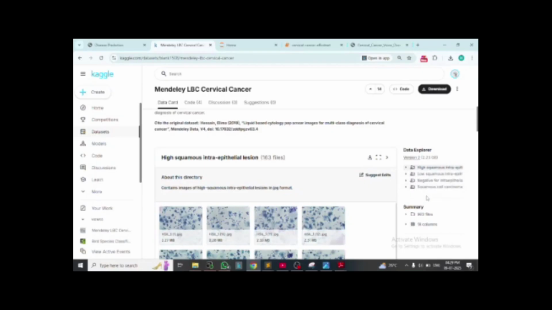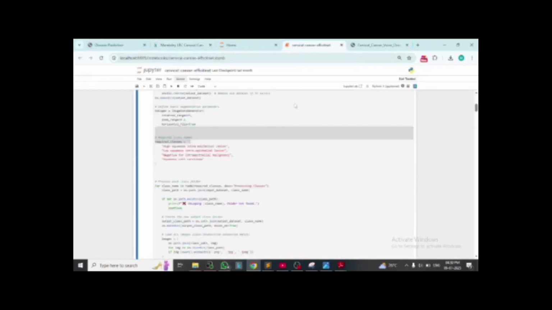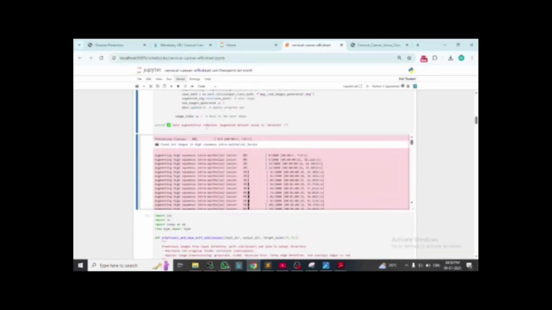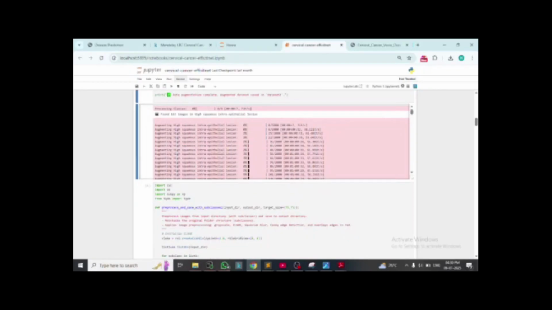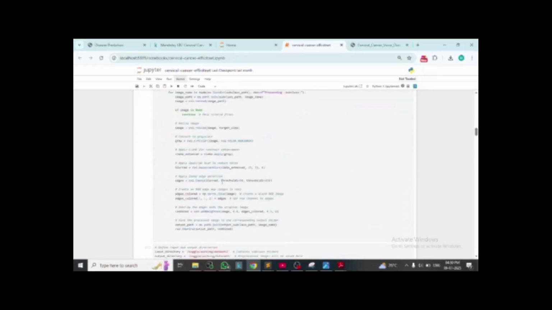They are given in four: high squamous intraepithelial lesion, low squamous intraepithelial lesion, negative for intraepithelial malignancy, squamous cell carcinoma. So coming to our model, those classes are required, so I took those four classes and uploaded them here. Then I did image segmentation. We did data balance and pre-processing, preparation and modeling.